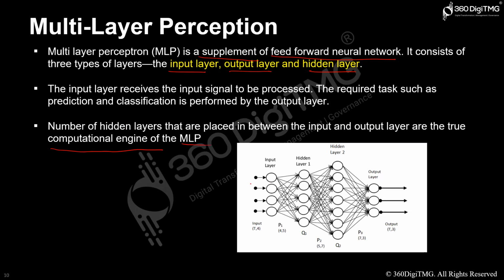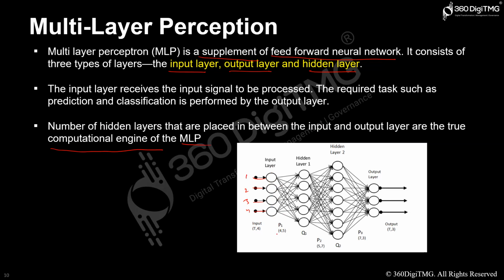Here you can see we have 1, 2, 3, and 4 inputs going into the input layer, which is given as P1.